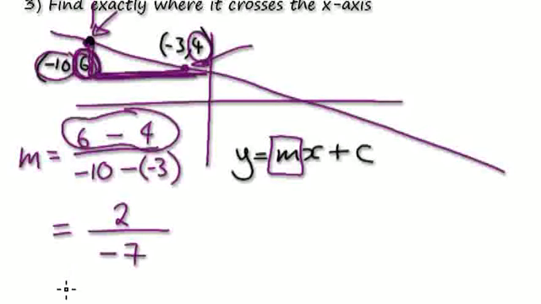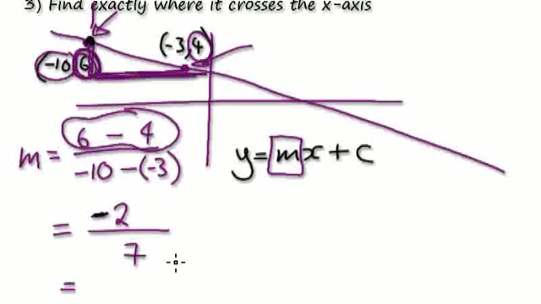So m here will be, don't forget the minus. We can either put the minus here or we can put it here. It doesn't matter, because if you get 2 divided by 7, that will give you a number, and then you would look at the negative sign.